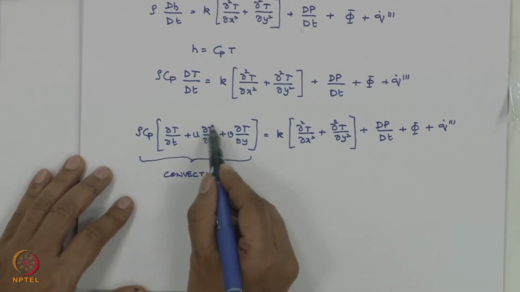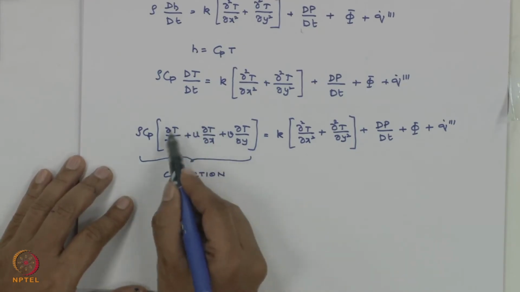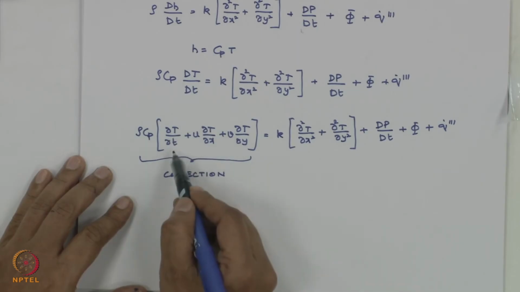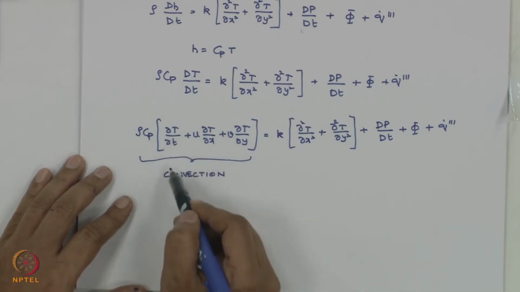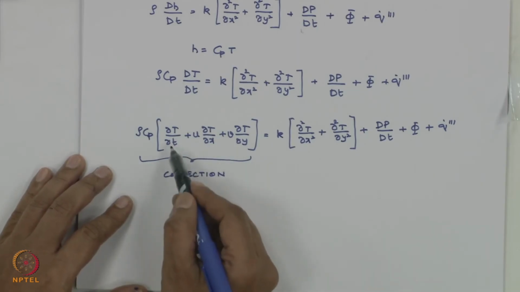So that is the convective term. Now this is the unsteady term, that is del T by del t. While I am entering, let us say I am hit with an ice box. So temperature is changing with time because instantaneously someone has hit me with the ice. That is del T by del t. That's how I understand this term.